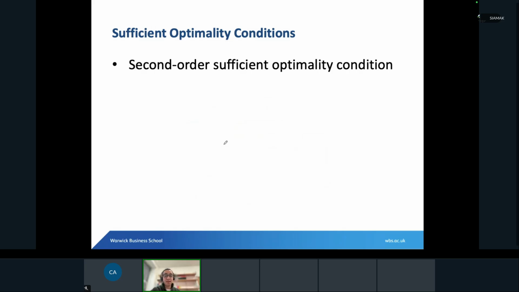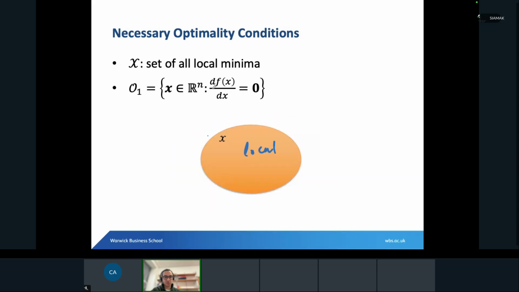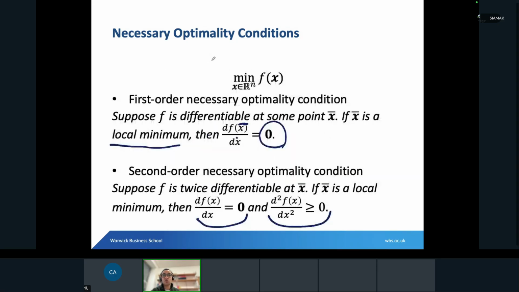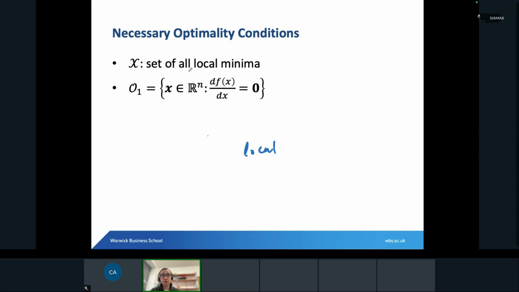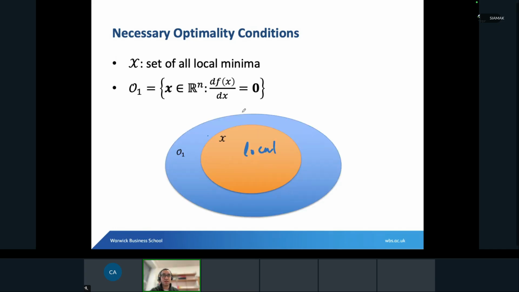Now, these were essentially the necessary optimality conditions that we have, and we're talking about optimal solutions, right? We said that X is the set of all local minimums. O1 was those with the first derivative equal to 0, where X is the local minimum.